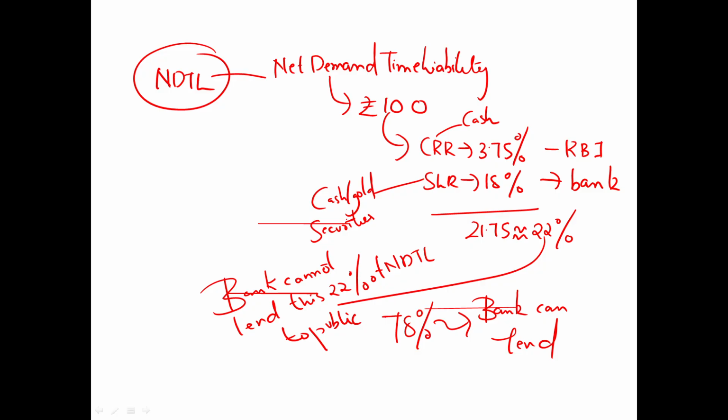In total, the 21.75% or approximately 22% of the net demand time liability cannot be used for lending purposes, and it should be kept as reserve by the commercial banks, and the rest 78% the commercial banks are allowed to lend to the public. So this is the concept of reserve requirements.